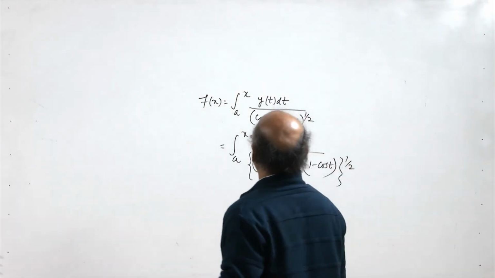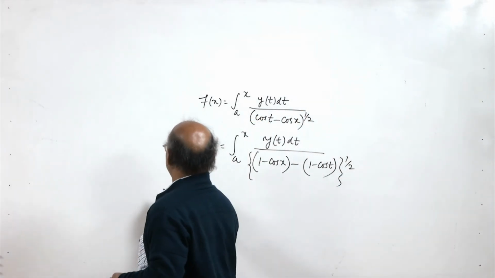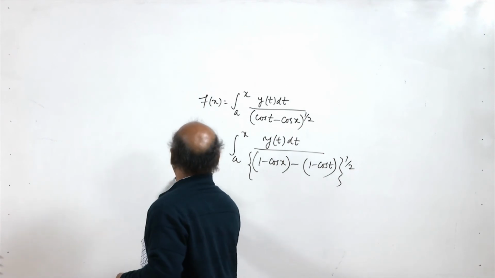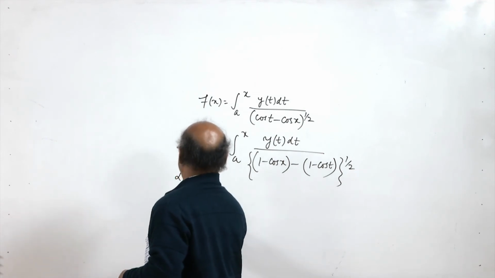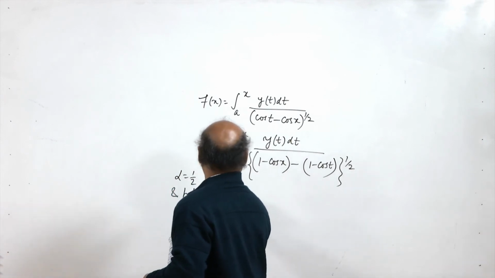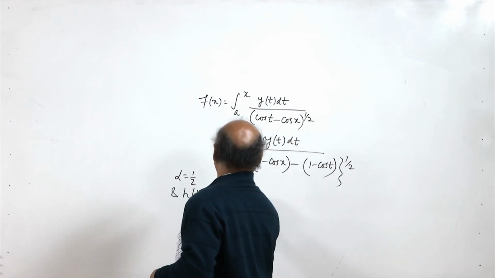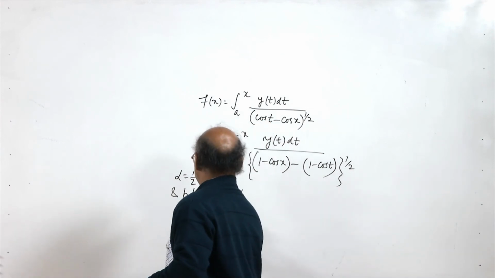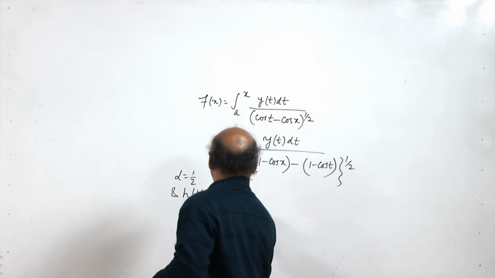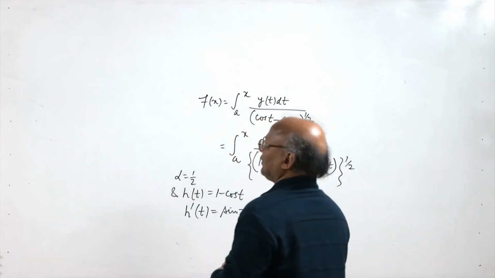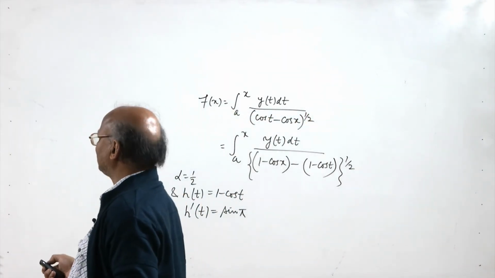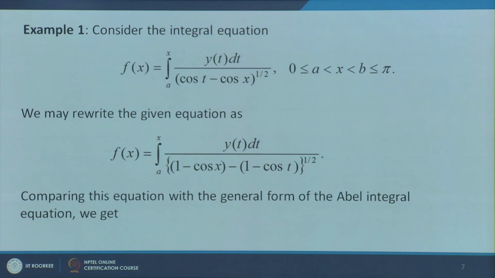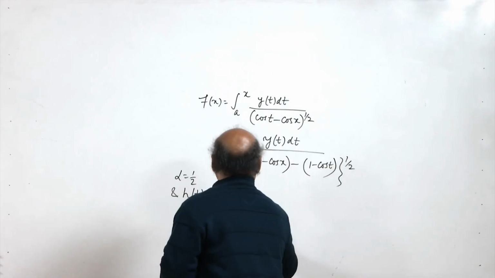Then when we compare it with the general form of the Abel integral equation, alpha is equal to half and h(t) is equal to 1 minus cos t. So we get here h prime(t) equal to sin t. Now the interval given is 0 to pi, where x lies between a and b.